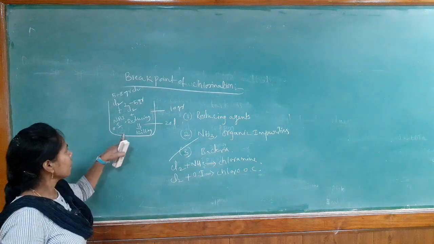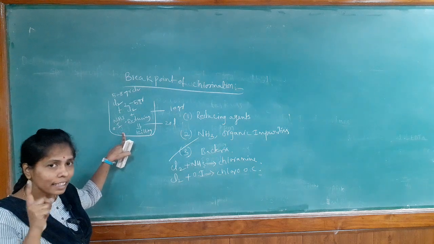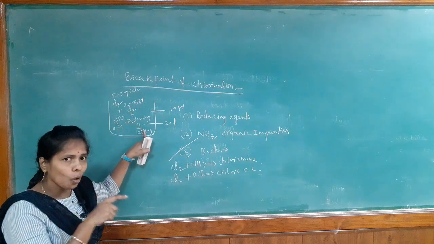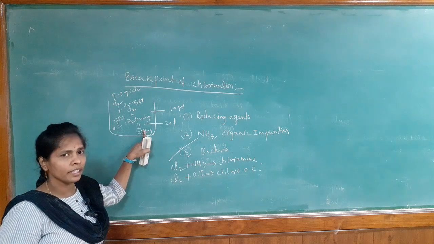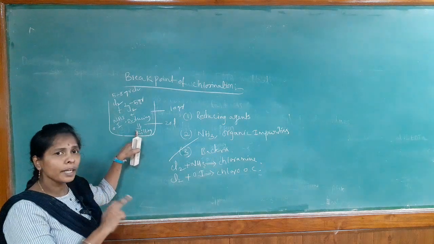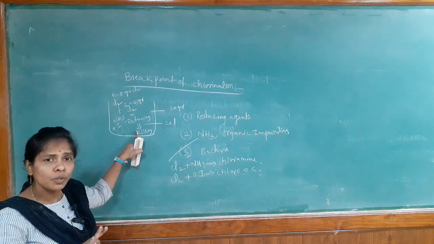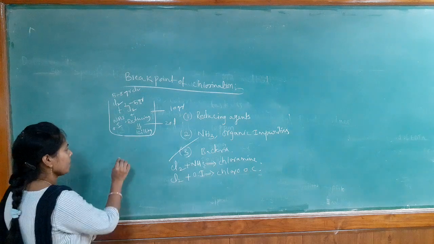That means the chlorine quantity is increasing in the water sample. In the initial stage, when we add chlorine, is there any chlorine in the water sample? There is no chlorine, because the entire chlorine is killing the reducing agents. So, at stage 1, there is no chlorine. That chlorine is called the residual chlorine.